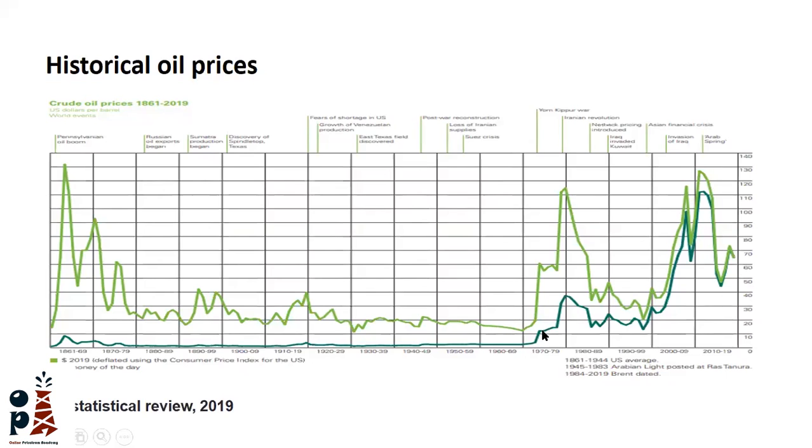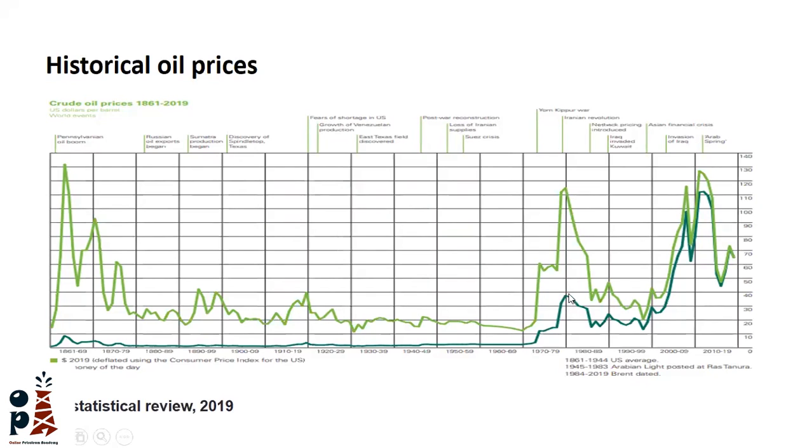This is the darker green curve. The light green is what is called real value, where you take a reference at 2019 and see the time value, the equivalent value of the money in that year.